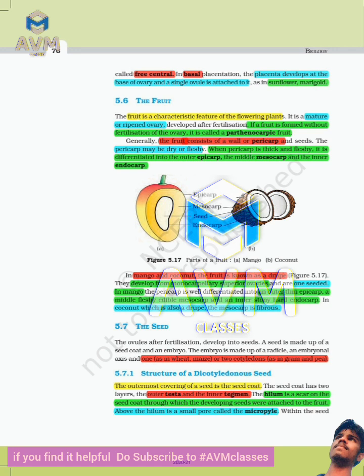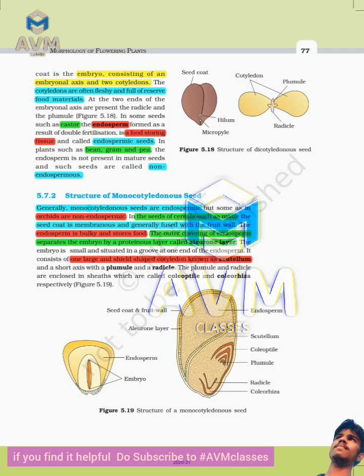The hilum is a scar on the seed coat through which the developing seeds were attached to the fruit. Above the hilum is a small pore called the micropyle. Within the seed coat is the embryo consisting of an embryonal axis and two cotyledons. The cotyledons are often fleshy and full of reserve food materials.